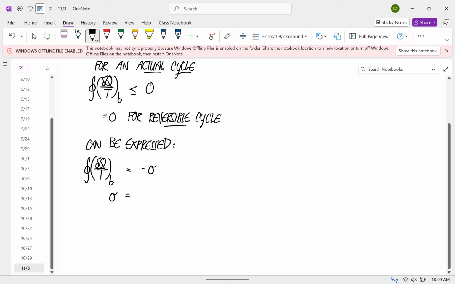And sigma is equal to 0 for a reversible cycle. Okay, so that's the two ways you can think of it. And that sigma can't be negative. When we start talking about entropy, this constant that we're going to use is going to be a useful thing for us.